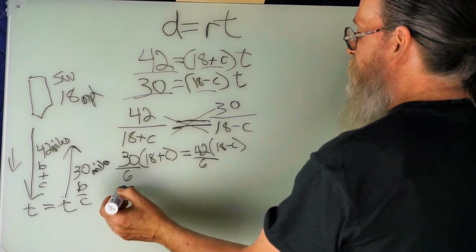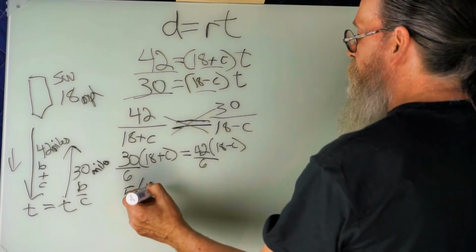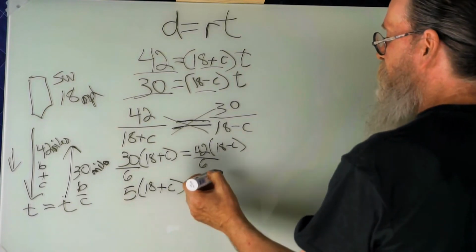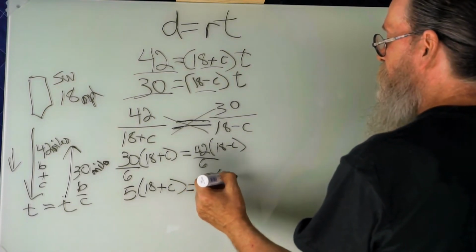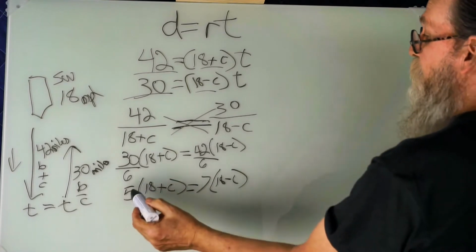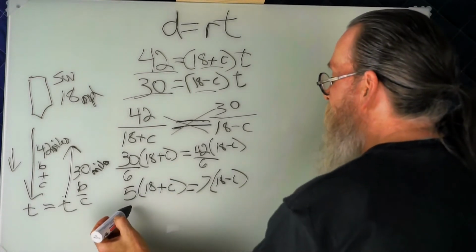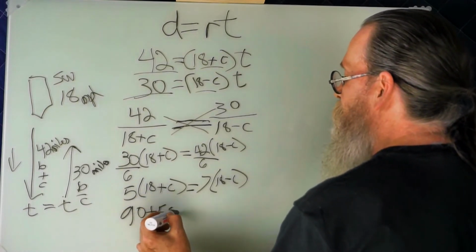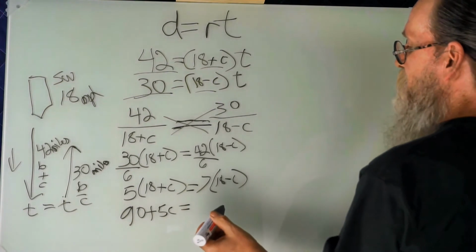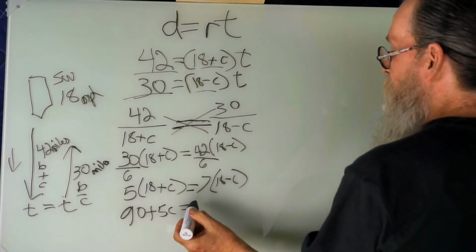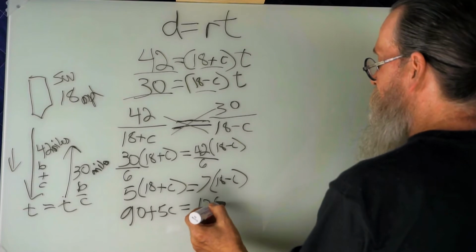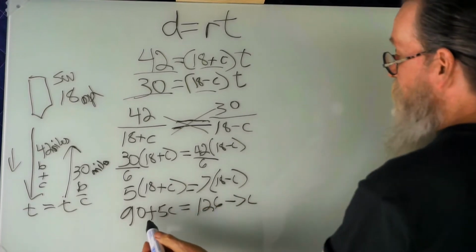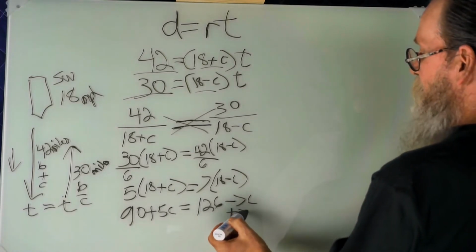That's going to give us 5 here, and then that's going to equal 7 here. 5 times 18 is 90 plus 5C. 7 times 18 is 126 minus 7C. All right, so let's add 7C to both sides.